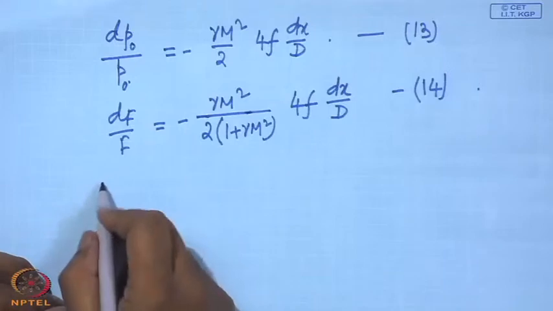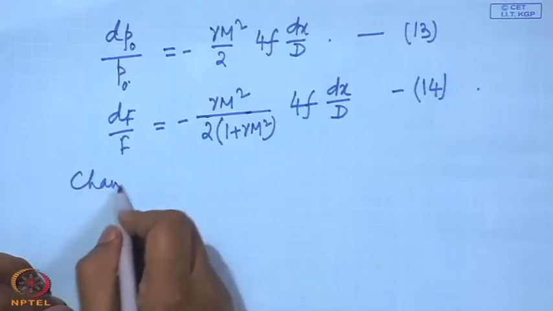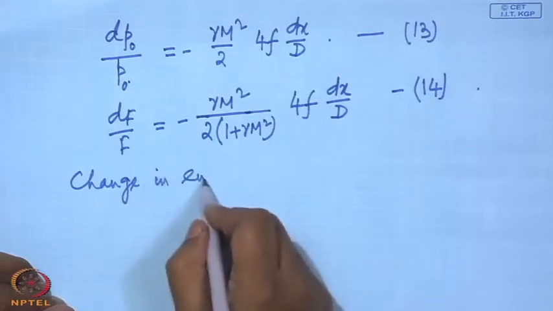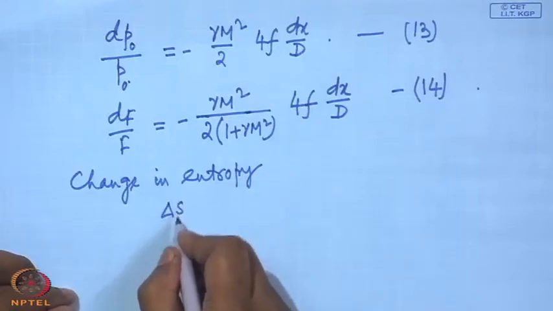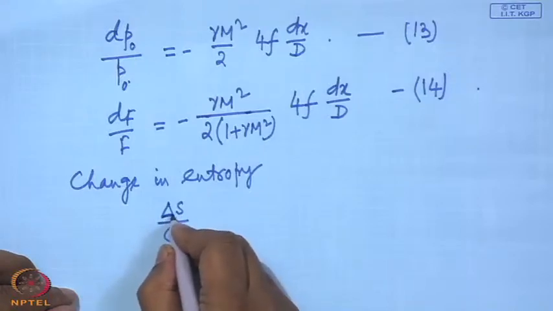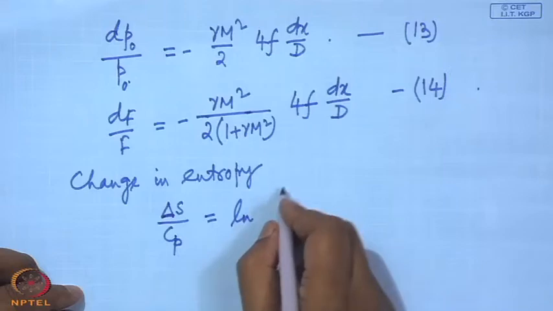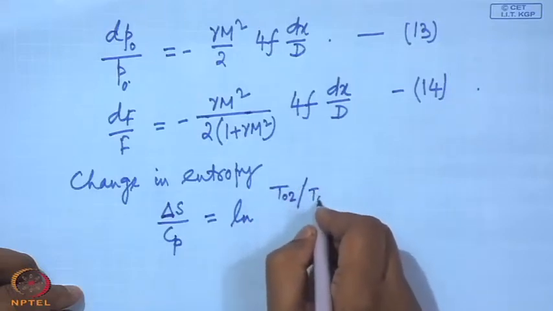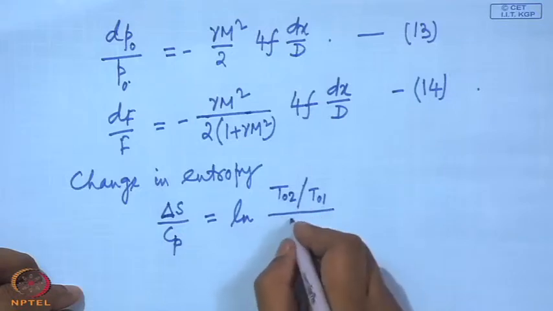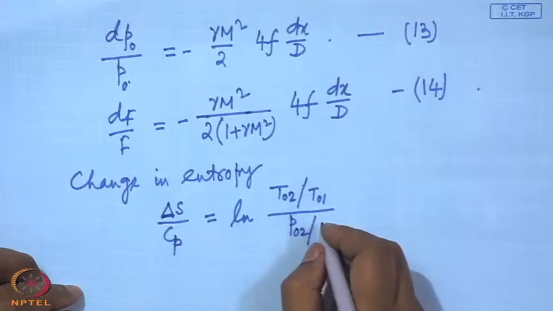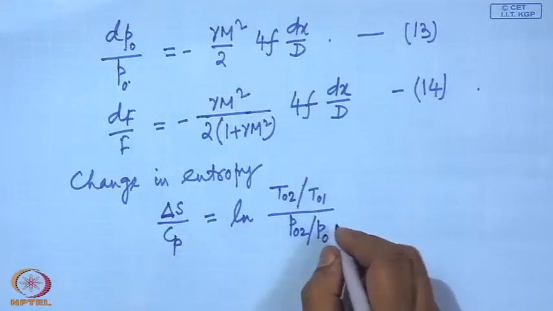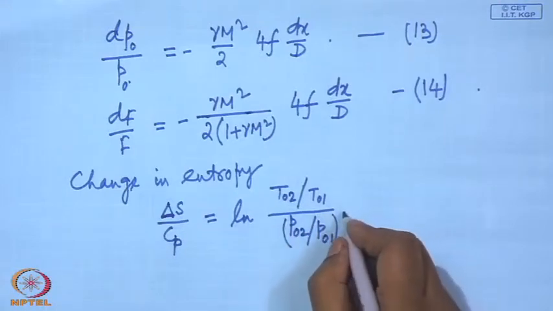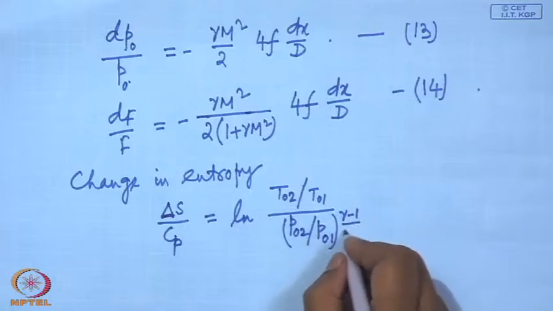The change in entropy can be evaluated as delta S by Cp equal to log T 02 by T 01 divided by P 02 by P 01 to the power gamma minus 1 by gamma.